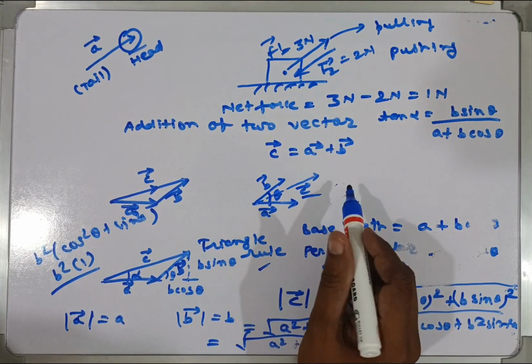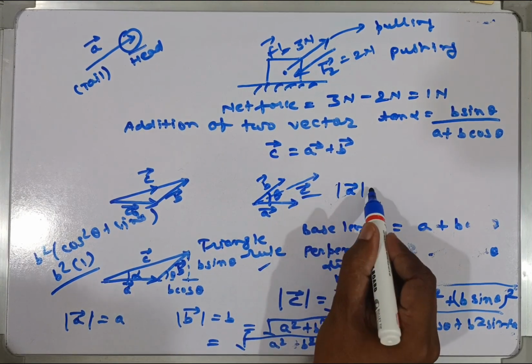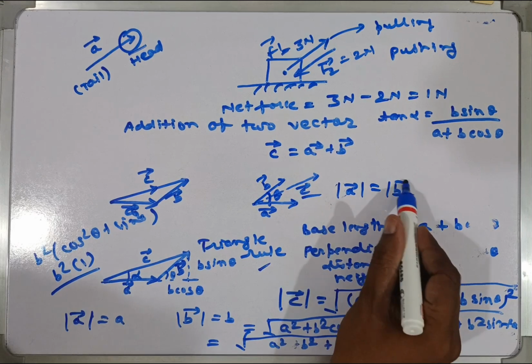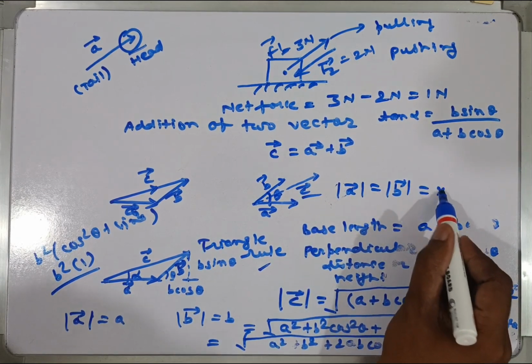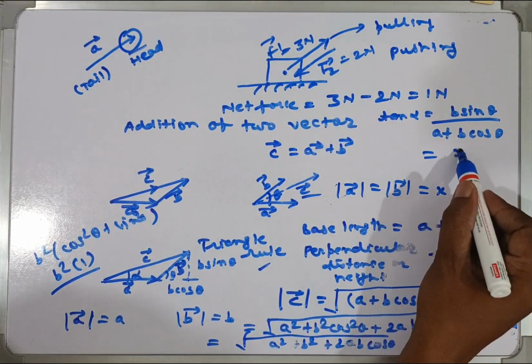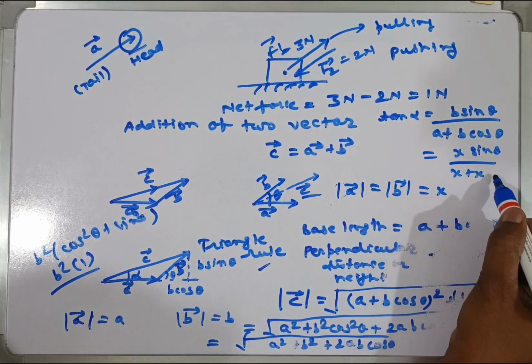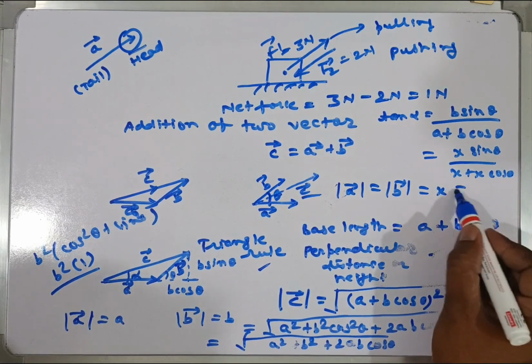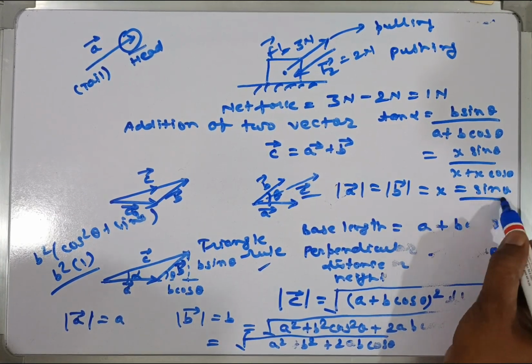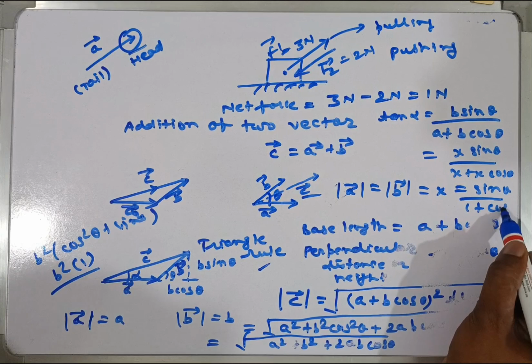Guys, if two vectors have the same magnitude, say x, then what you find here is x plus x cos theta, so this is sin theta by 1 plus cos theta.